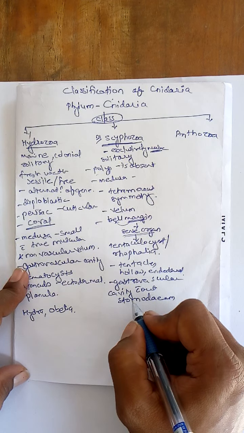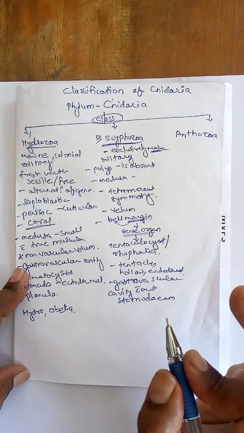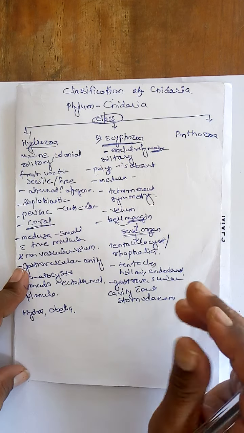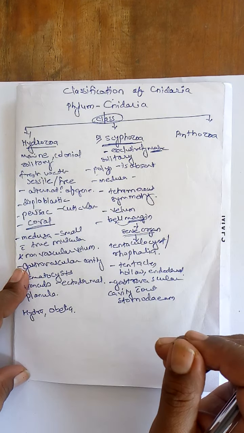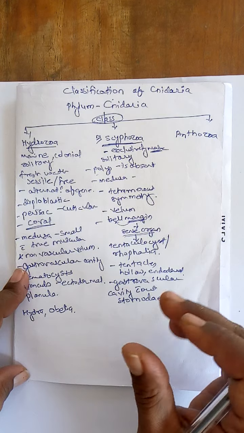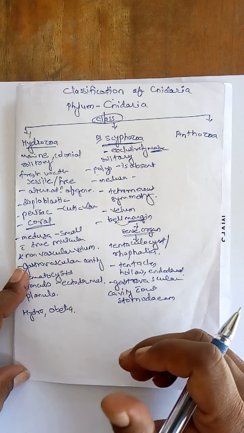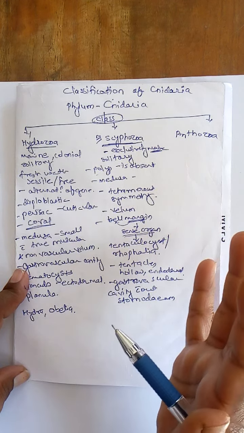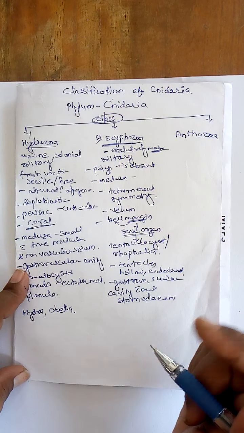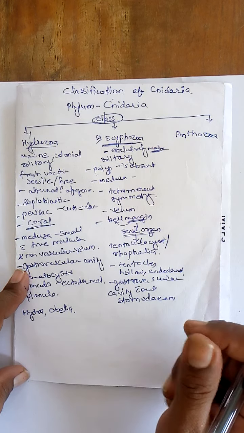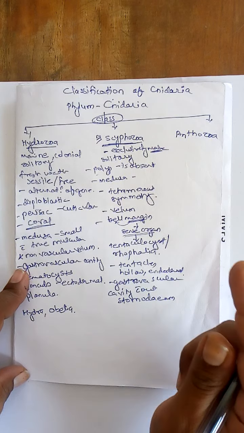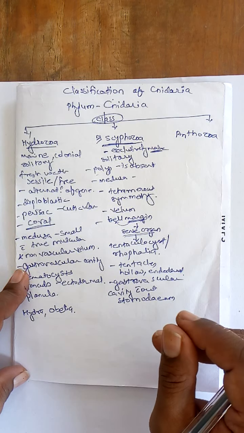Then the central part of the gastrovascular cavity is the stomach, which produces four gastric pouches which have nematocysts, and these nematocysts bear filaments.